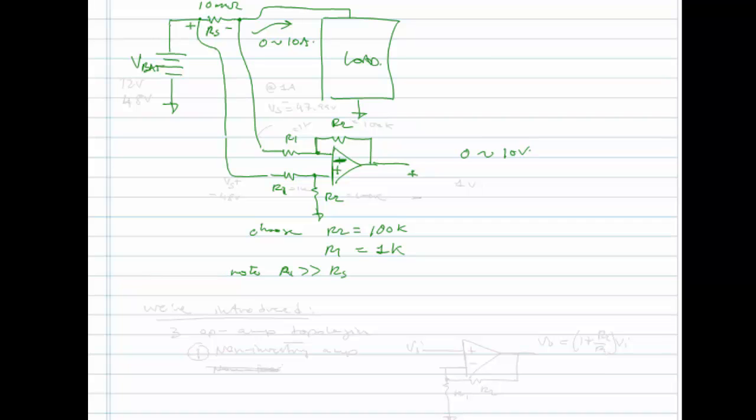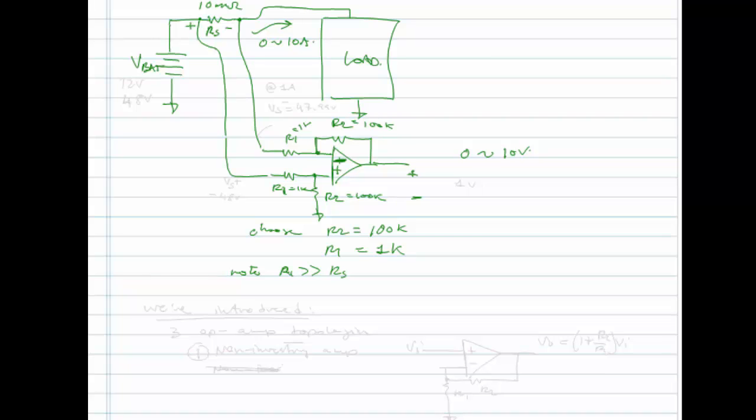So with 100K here, and 1K here, and 1K here, and 100K here, we have put our difference amplifier to use with the capability of sensing a 0 to 10 amp current flow to a load from a battery.